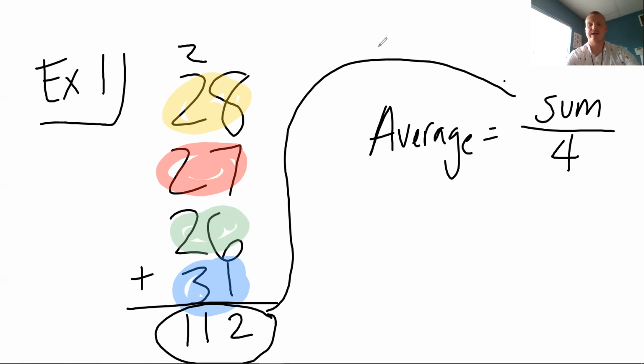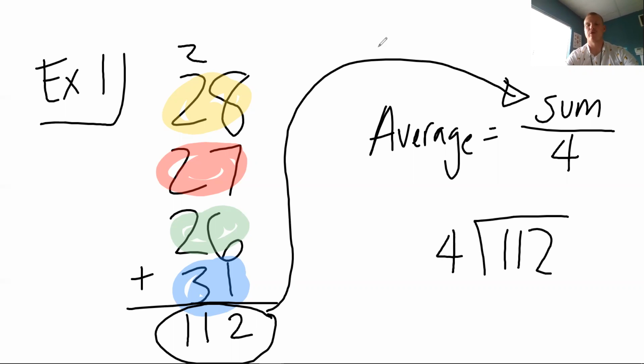So I'm going to plug that into the top of my equation here. I'll take 112 divided by 4 because I have 4 different aquariums. 4 goes into 11 two times. 2 times 4 is 8. 11 minus 8 is 3.